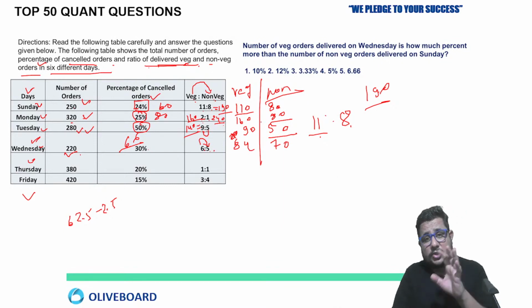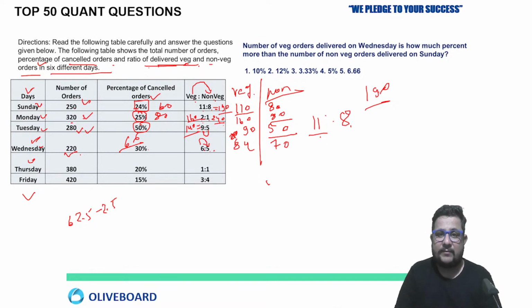I'm just solving the data for you all. Here I am capturing each and every detail, so you will have all the details in the table, then you can solve easily.